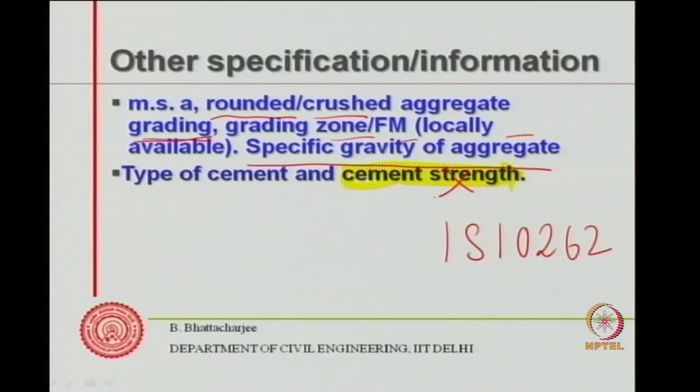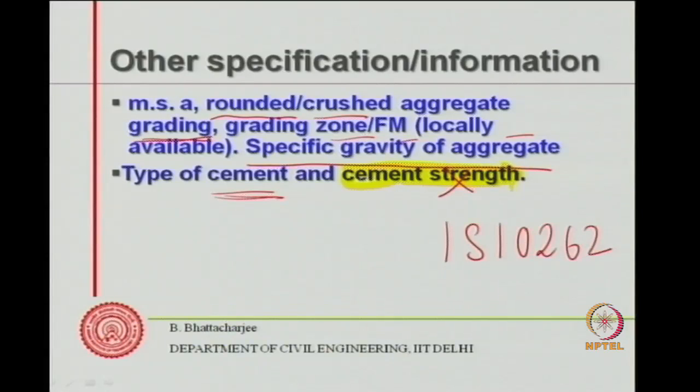Now, the type of cement is important, particularly related to durability. Well, this information is important in the sense that from the point of view of minimum cement content, this has got some importance, not really much, but what would be important for us to know, from our possibly past experience or from our record, is how much is the kind of strength to water cement ratio relationship for concrete.